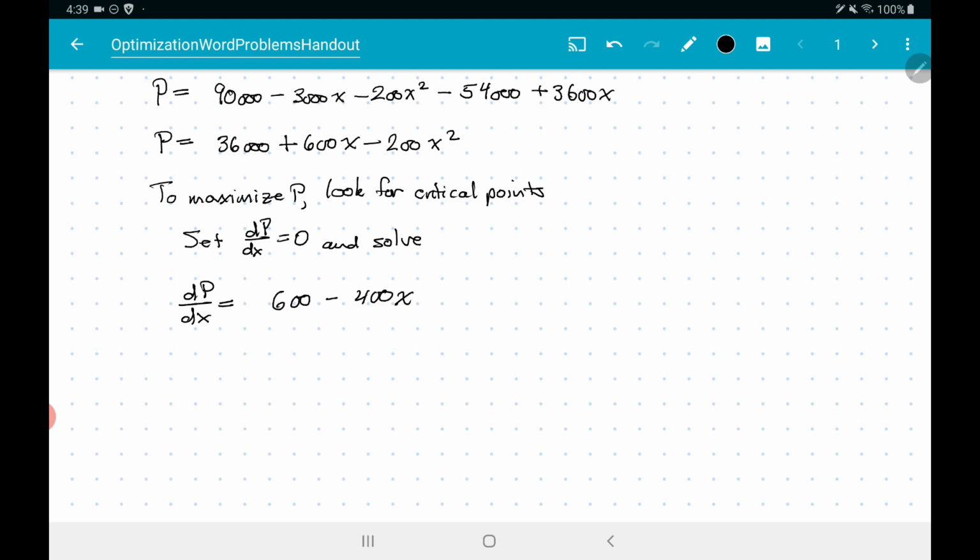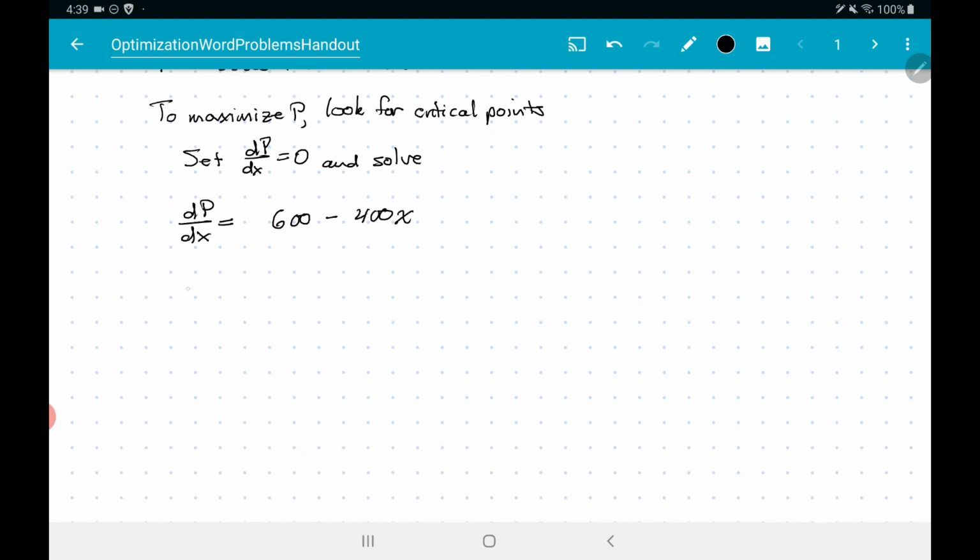And as I mentioned, the calculus part of this problem is really not that difficult. That's what we just did, and you could have done that much back in chapter 2. But now we'll set it equal to 0. 600 minus 400x equals 0, and we'll solve this. We'll subtract 600 from both sides. That leaves negative 400x equals negative 600.